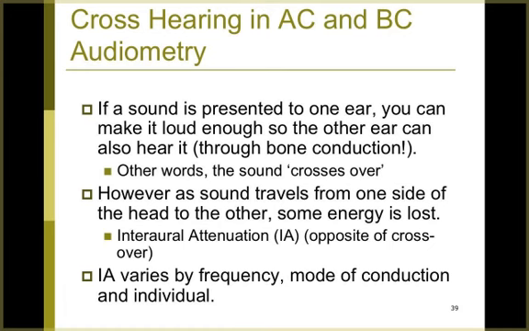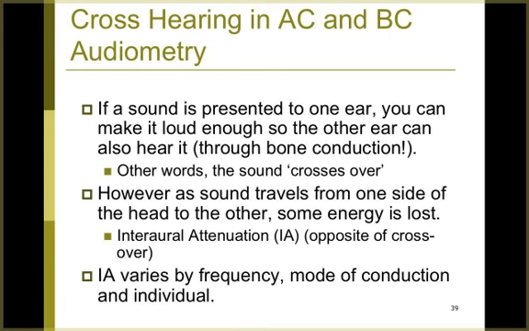However, when sound travels from one side to another, some of this energy is lost. It's not like if you give 40 dB through headphones in the right ear, the whole 40 dB goes to the other side. There is going to be some attenuation, a reduction of the amplitude, by the time it reaches the left ear in this case. This loss of energy is what we call interaural attenuation.